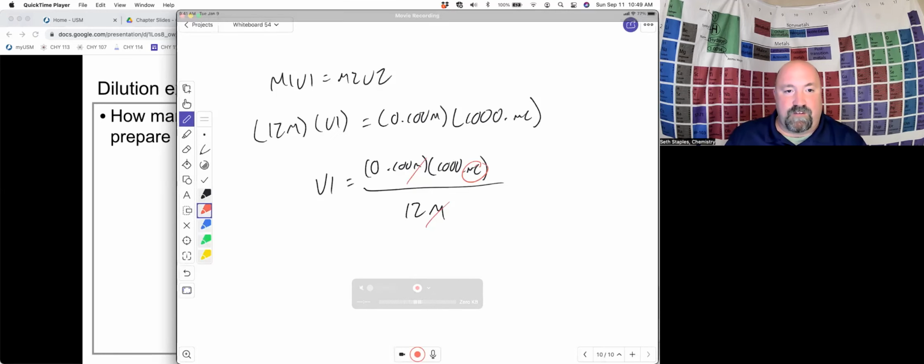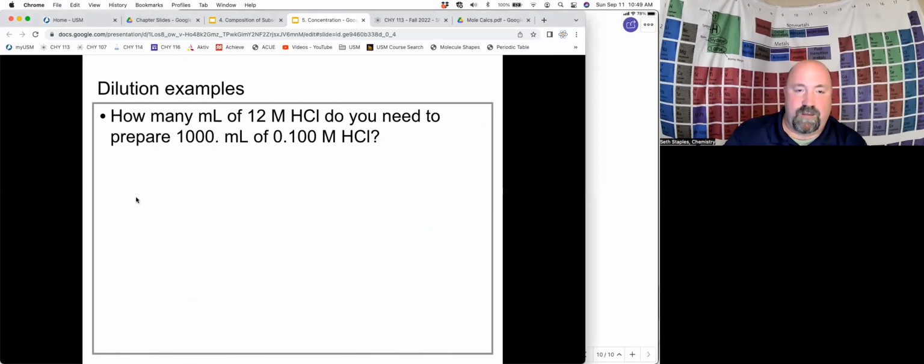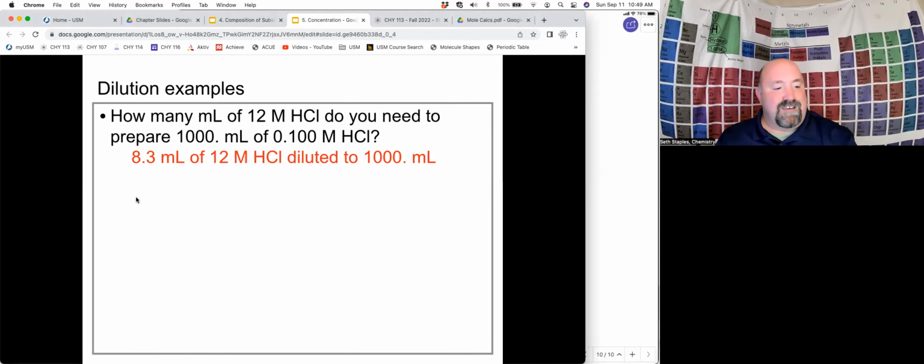We plug this into our calculator, and that gets us to 8.3 milliliters. If I'm in the lab making this, that tells me that I need to take 8.3 milliliters of my 12 molar solution, dilute that to a total of 1,000 milliliters, and I'll have a 0.1 molar HCl solution.